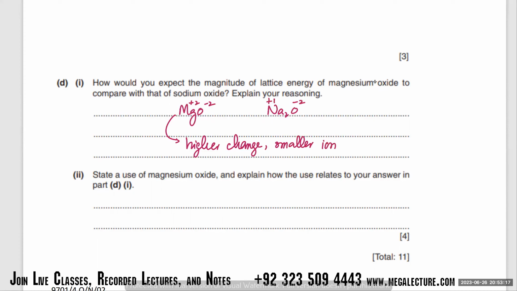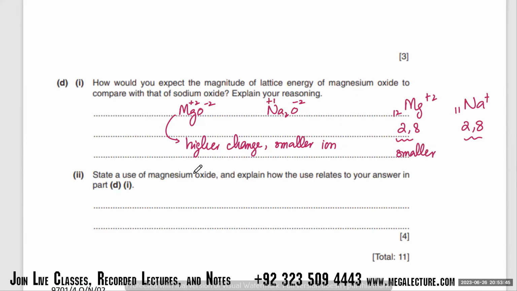We did discuss that Mg and Na ions are isoelectronic. This was 2,8,2 but now it's 2,8. This is 2,8,1 but now it's lost an electron, so it's 2,8. They have exactly the same electronic configuration, but because magnesium has more protons compared to sodium, magnesium is the one that's going to be smaller in size because of the greater attraction.